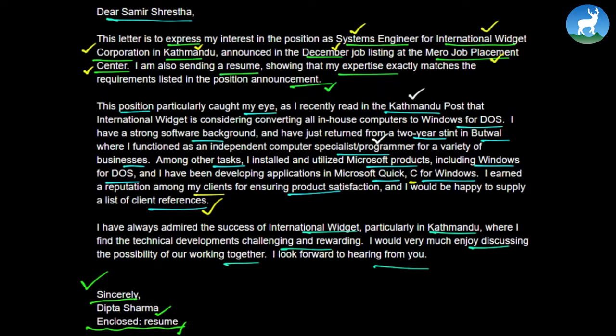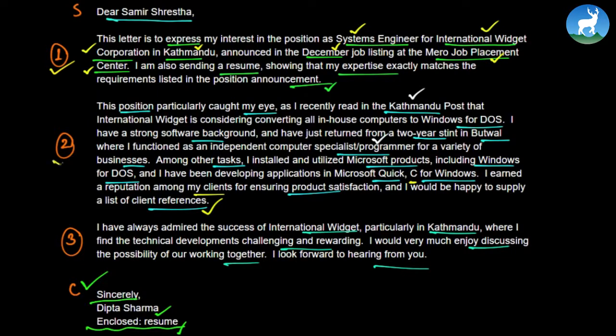So this letter, this job application is divided into 3 distinct sections, apart from the salutation and other closings. So we have got a salutation, we have got a closing. In between we have 3 paragraphs, right? So what are they? The first paragraph simply explains why the person is applying for the job and how he got to know about the job, and it also explains that he's attaching the resume within.